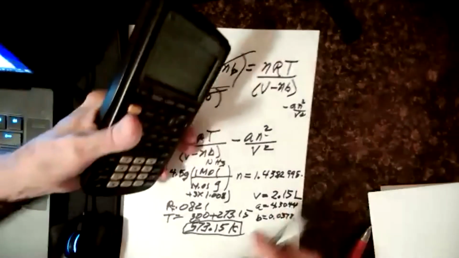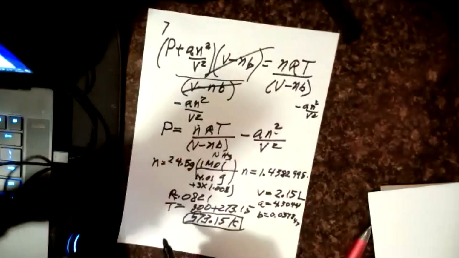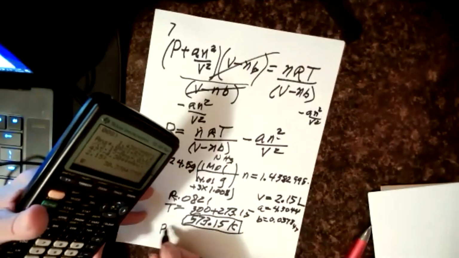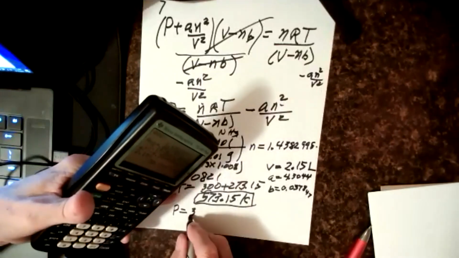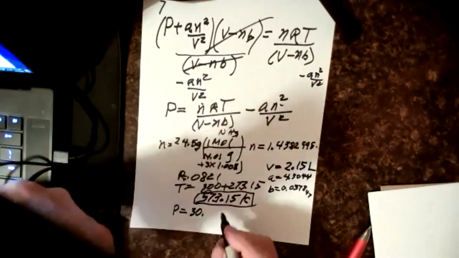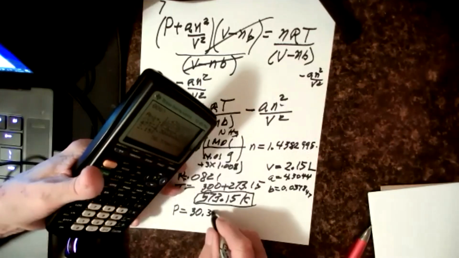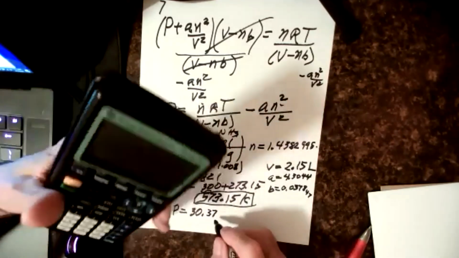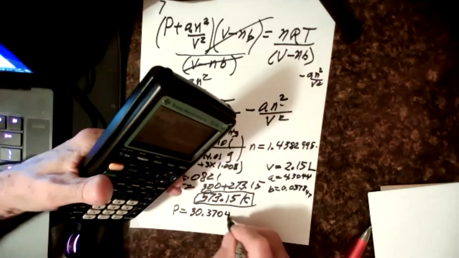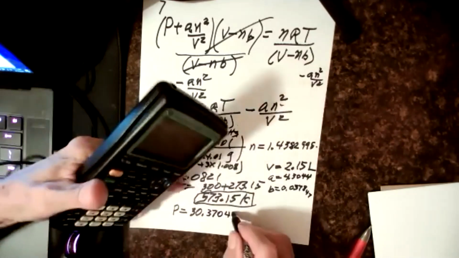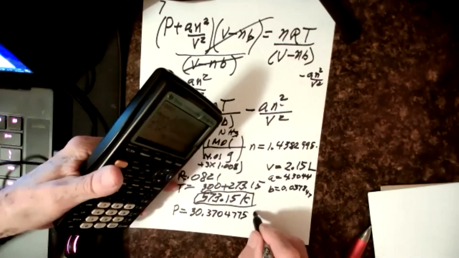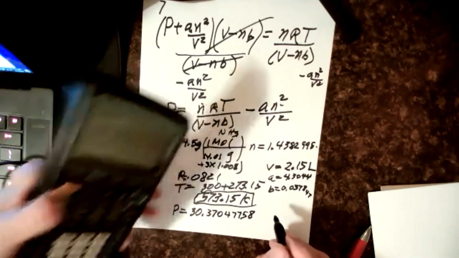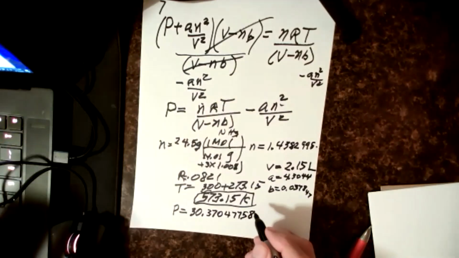All right, what I came out with on my calculator, it says P is equal to 30.377758. Now, what's the unit?